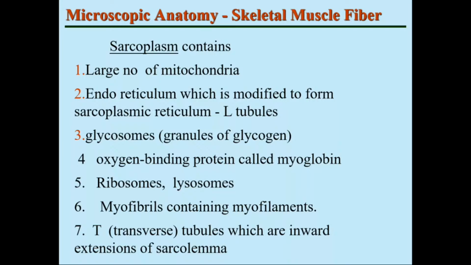So here the tubules are arranged longitudinally, that is parallel to the length of the muscle fibers, and therefore these are called the L tubules, L for longitudinal. So the longitudinal or L tubules are the modified tubules of muscle endoplasmic reticulum.